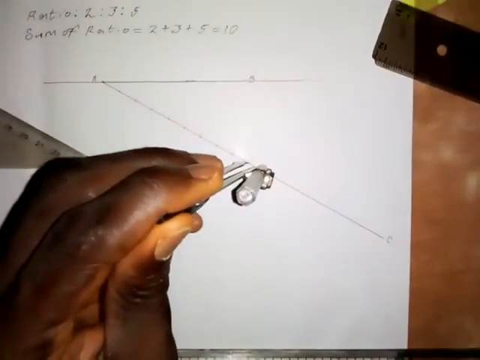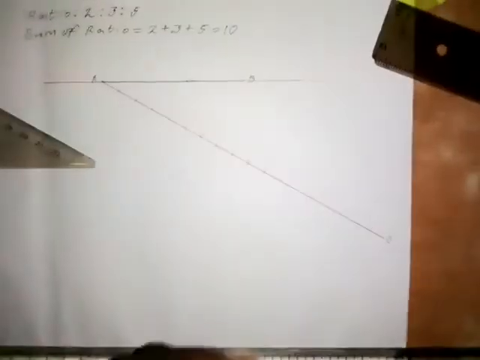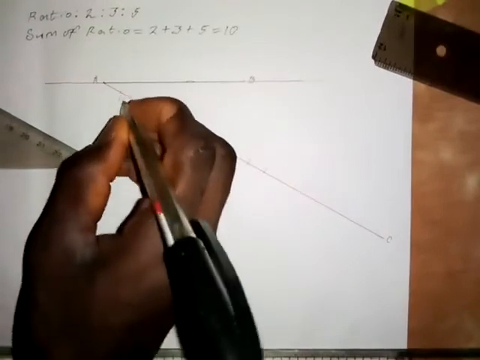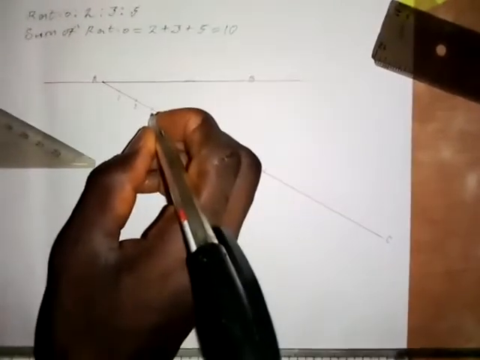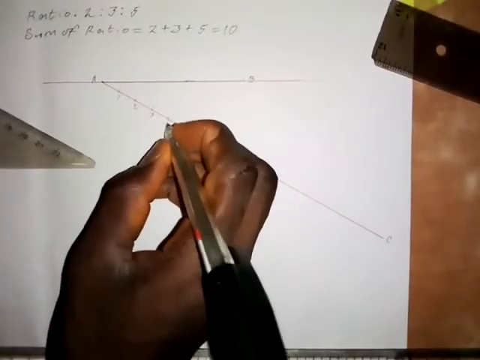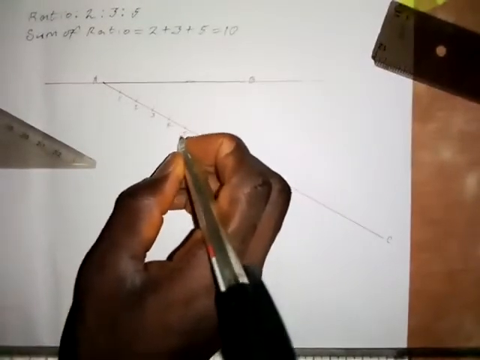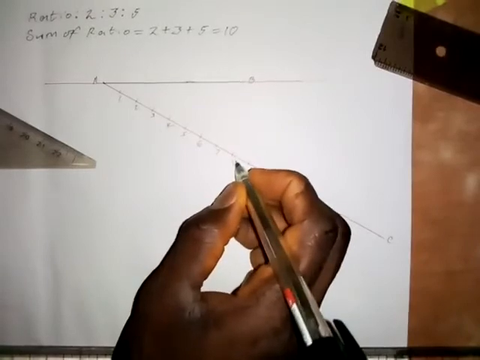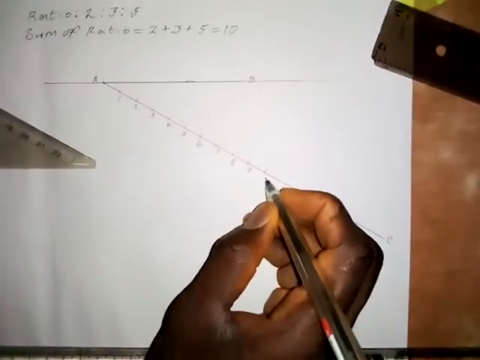And then the last one, we have 10. So this is 10. Alright, so we have to number this. So this is 1, 2, 3, 4, 5, 6, 7, 8, 9, and 10.